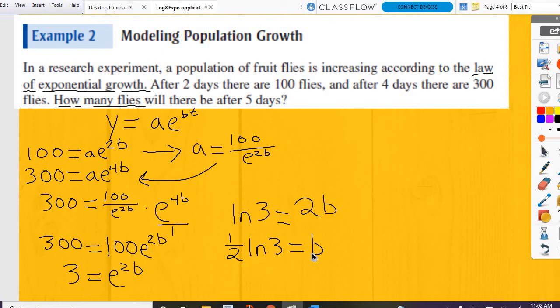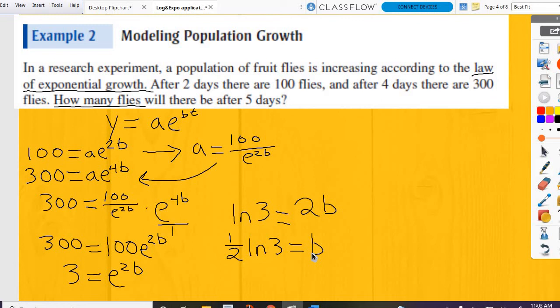Agreed? Yes, no, maybe. Okay, now, once I have B, what's our goal? To find what? A. Are we all with me?